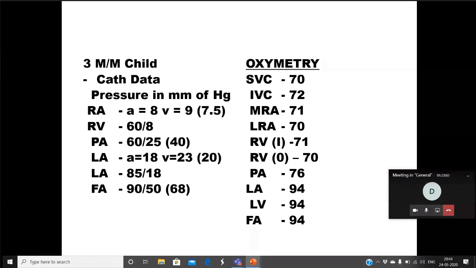Shunt at the great arterial level, sir. Shunt at the great artery level, very good. So there is a left to right shunt at the great artery level, pulmonary artery. So what could be the condition? PDA. PDA.